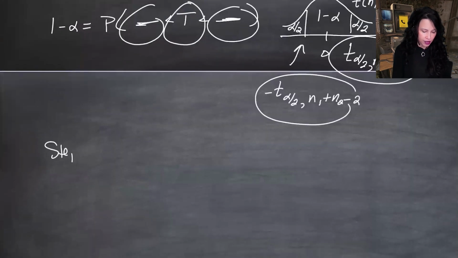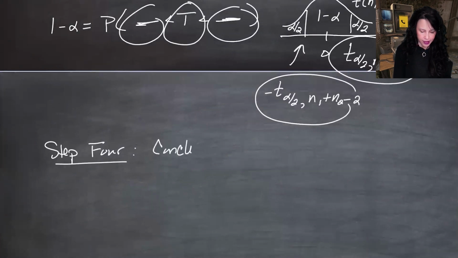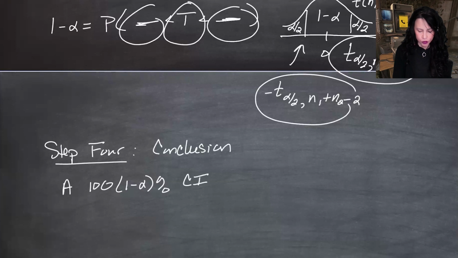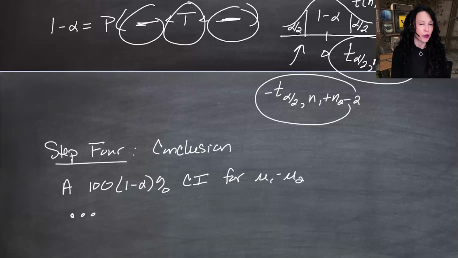So step 4 is our conclusion here. A 100 times 1 minus alpha percent confidence interval for mu1 minus mu2, when we have a sample of size n1 from a normal mu1 and sigma 1 squared, and an independent sample of size n2 from a normal mu2 sigma 2 squared, and we don't know the variances in addition to not knowing the means, and we have at least one small sample.